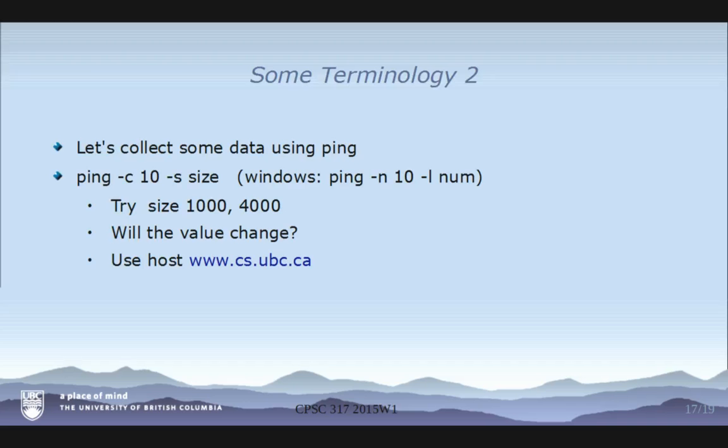For example, would it take 4 times as long? Would it take just a little bit longer? Also, 1,000 will fit in an Ethernet packet that goes out on the network or out on the wireless, so will that have any effect? Will the size have any effect on this?